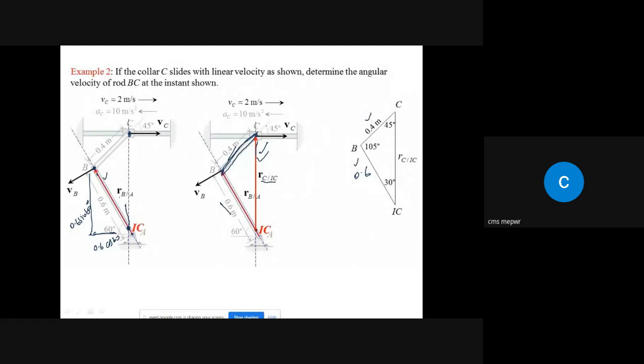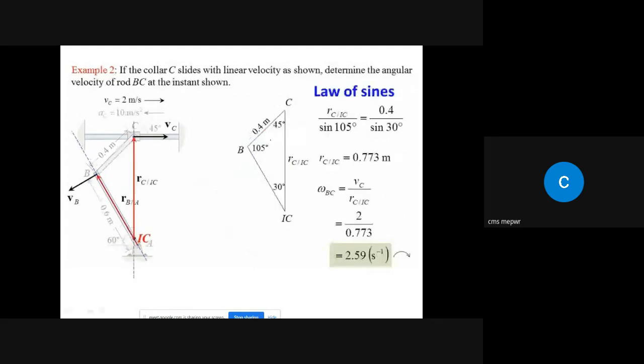This angle is 45, so this one will also be 45. If this one is 60, this one should be 30. By subtracting these two from 180, you will get this one as 105.